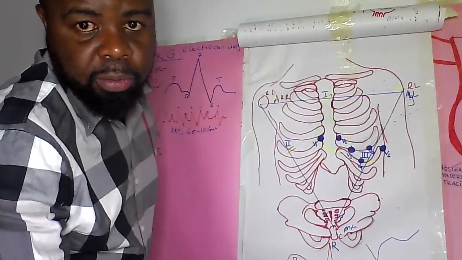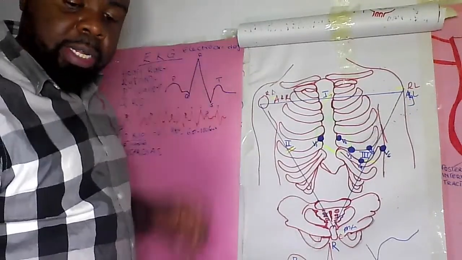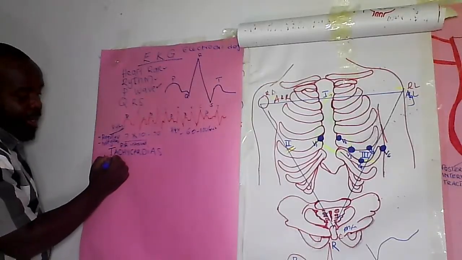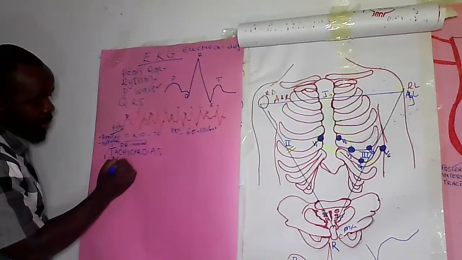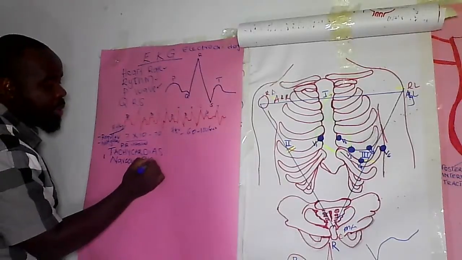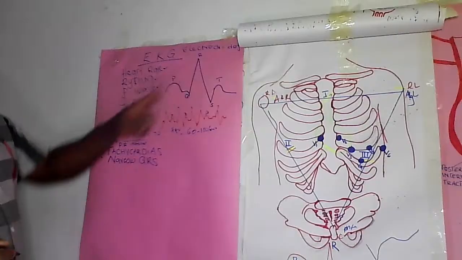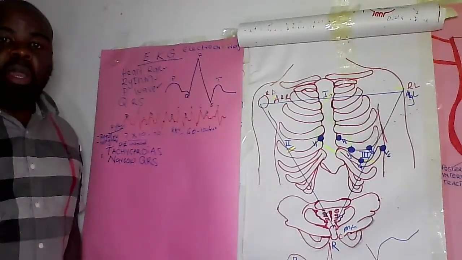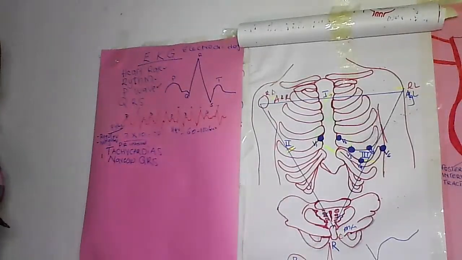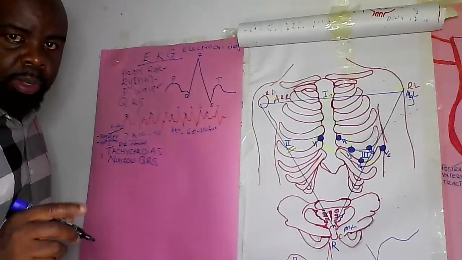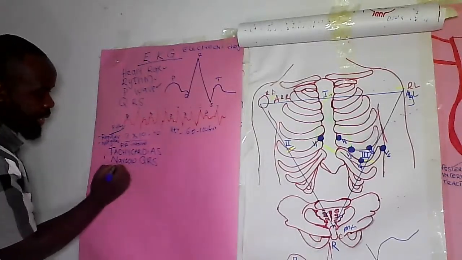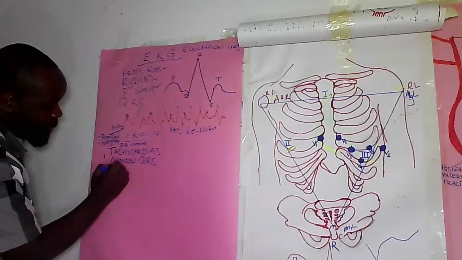The basic info that we have gone through: there are tachycardias with narrow QRS, and we have tachycardias with narrow QRS again, but the first one is narrow QRS with regular rhythm.